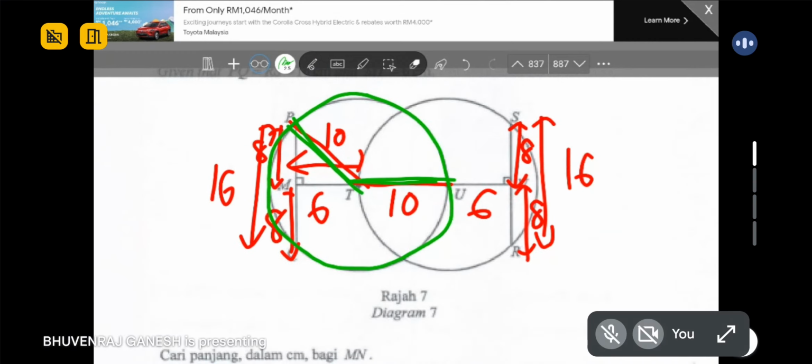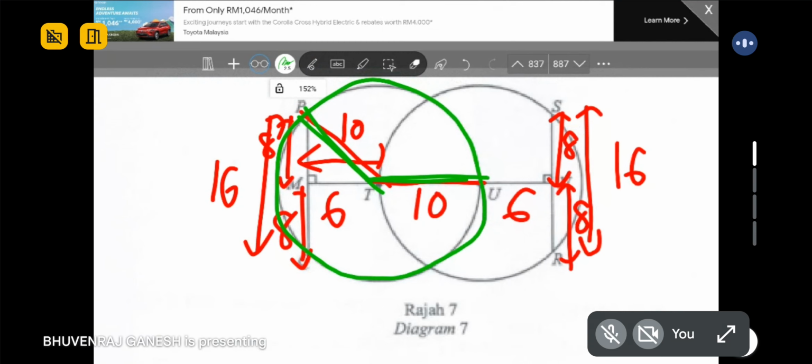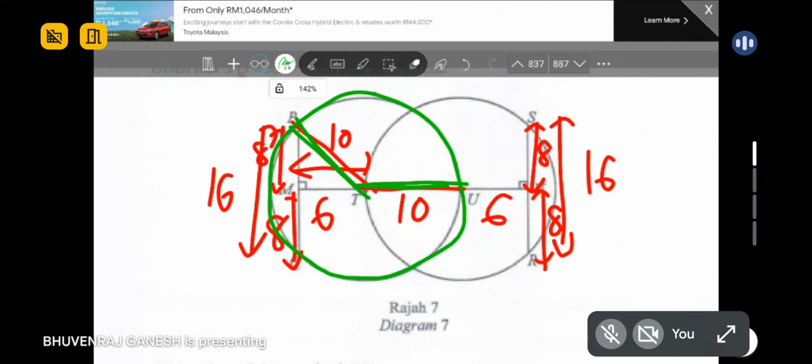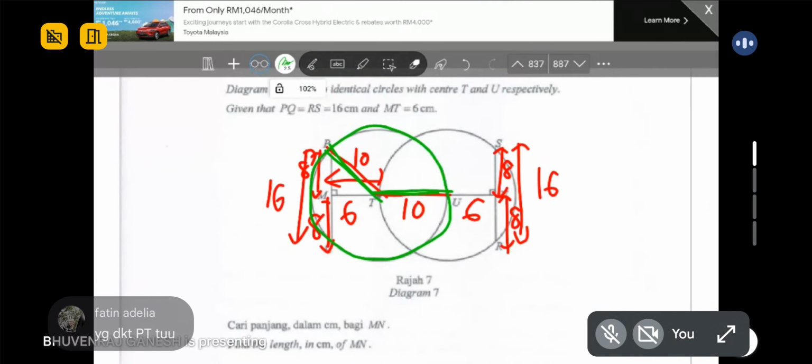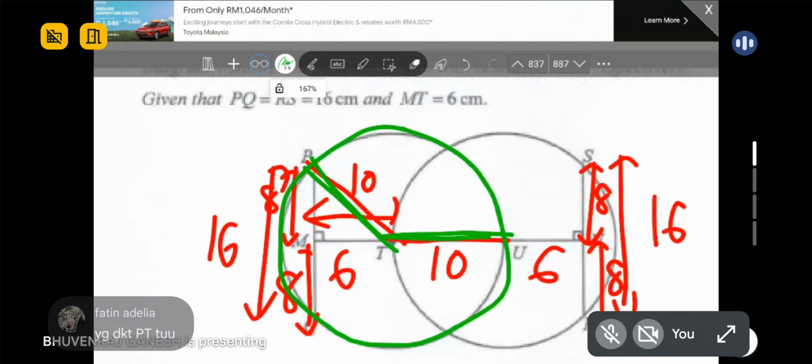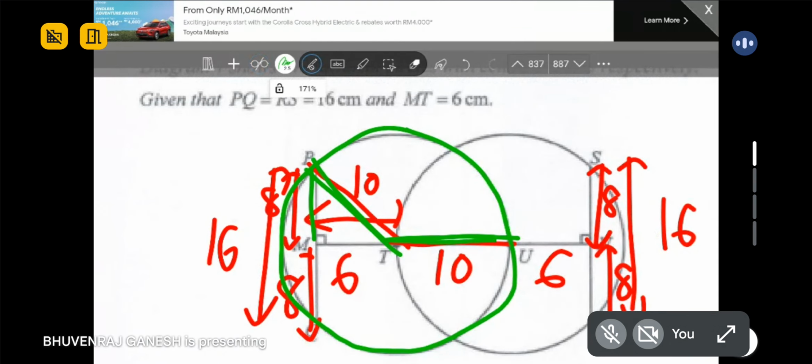Yeah, I'm doing mental calculation. This one is all simple calculation only, guys. Just addition. Am I right? PT is the hypotenuse, Fatin. This one is 8, 6. So 8, 6, 10. Pythagoras. Square root of 8 square plus 6 square. 10.